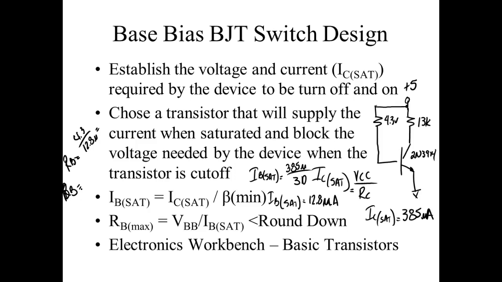Yeah, we always go down with it. So it's just like the Zener. With the Zener, we always round down. This guy right here, we always round, except here we're not as concerned with the tolerance.